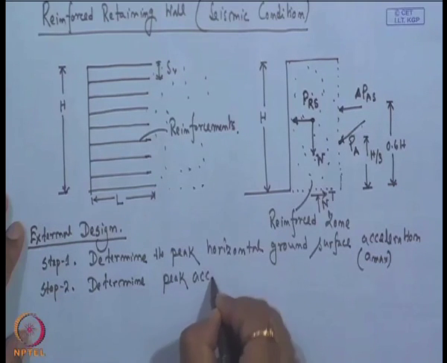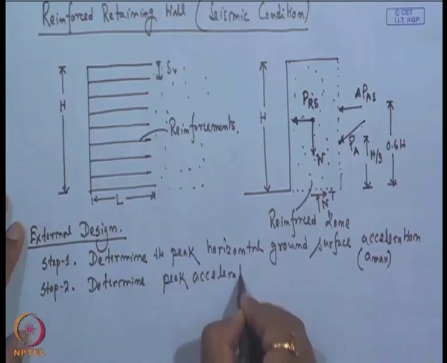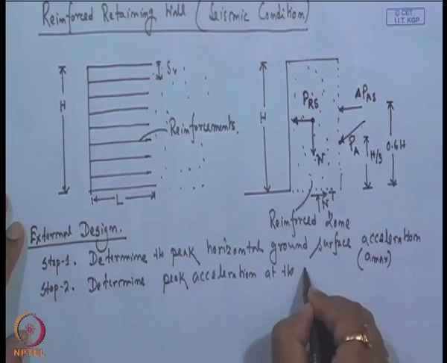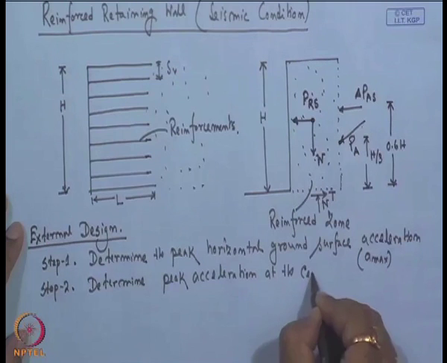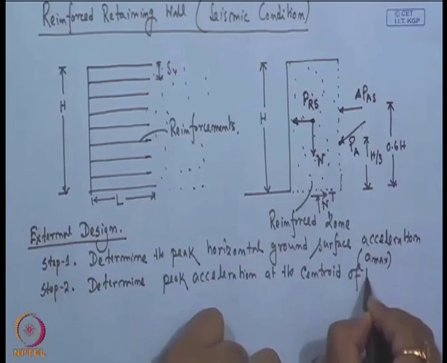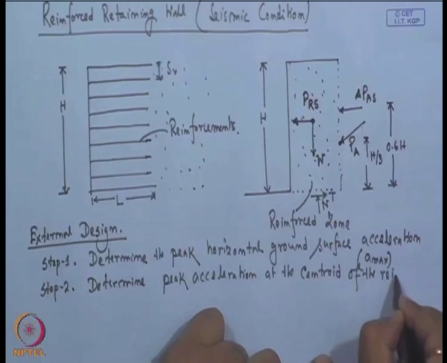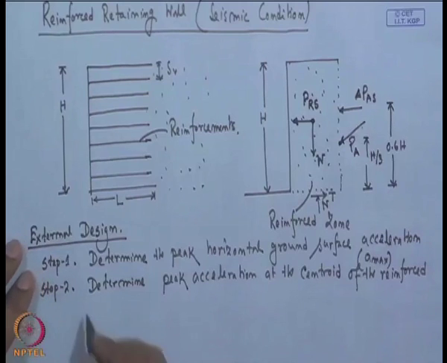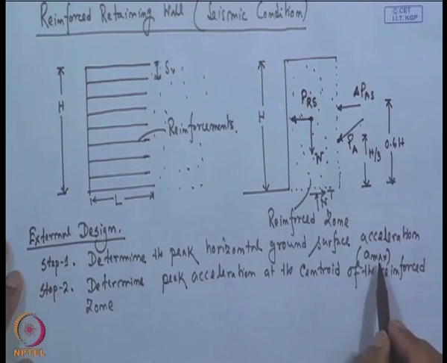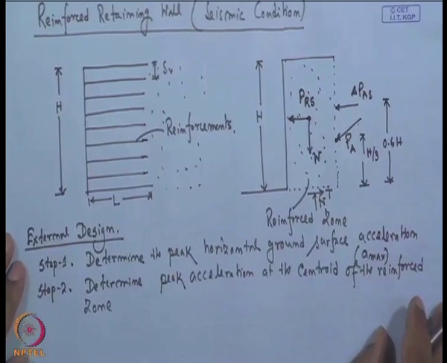the peak acceleration at the centroid of the reinforced zone. So, this A max is the peak ground acceleration.